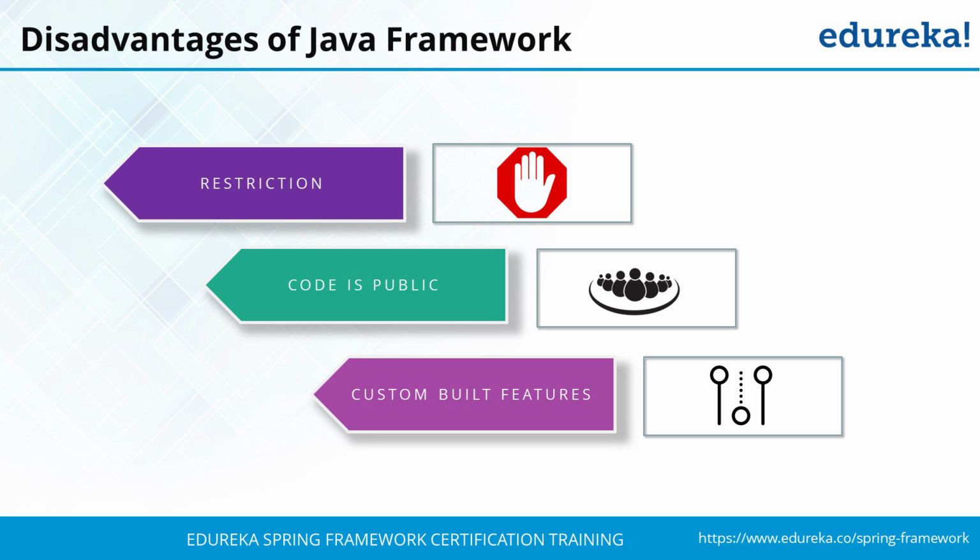There are restrictions. The code is public. It means that if you use any API, the same API is exposed to the public. Let's say you are supposed to use an open source API which does encryption and decryption for you. It's very challenging for us to maintain that kind of security. Then the custom built features.